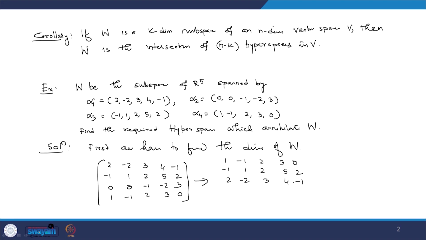Basically, I have written the 4th row as the first row, the second row as it is, the third row as the first row, and the first row of the original matrix goes to the third row, and then 0, 0, minus 1, minus 2, 3. This is the matrix.